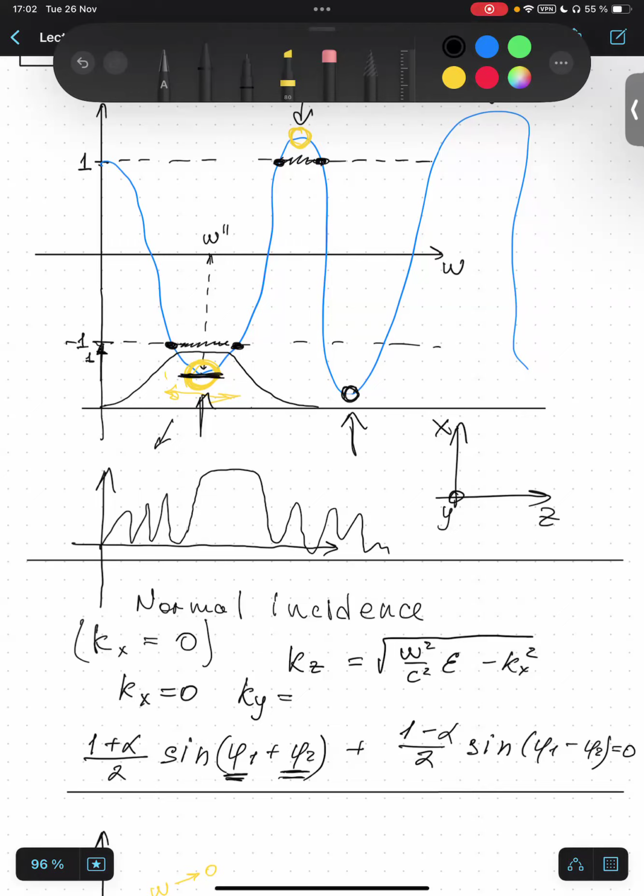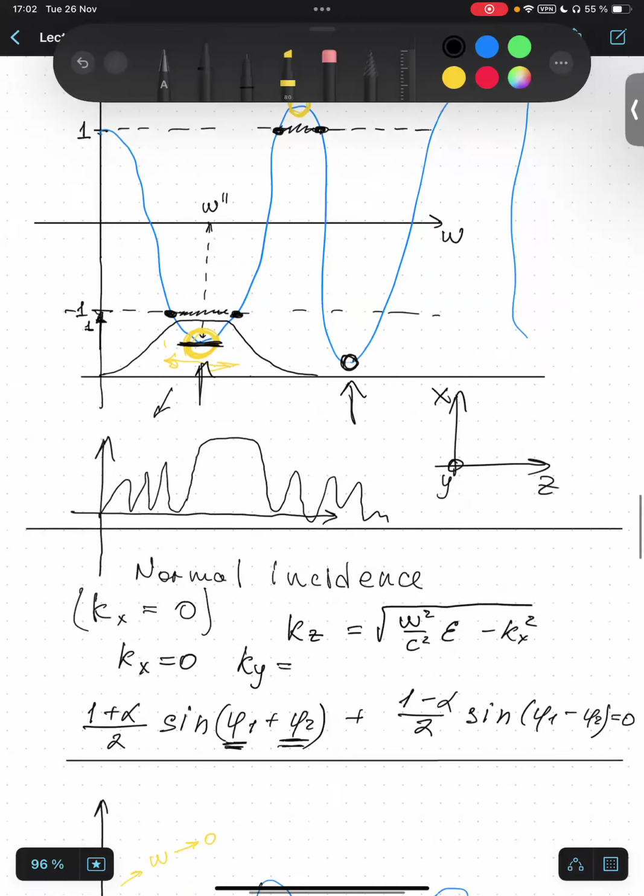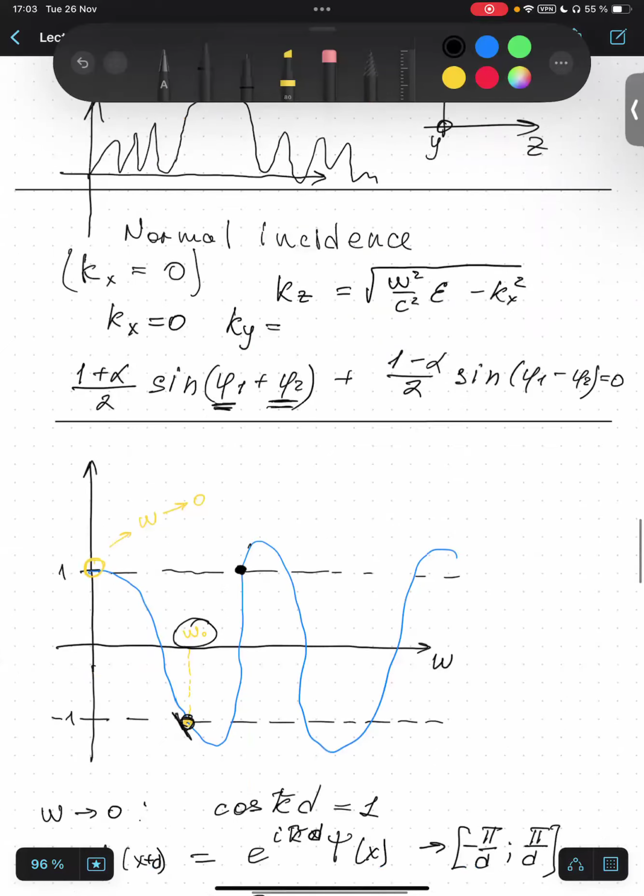It's not exact, but it qualitatively describes what happens. Yes, absolutely, you're right, it's not so easy, but just to take a quick look at something, it may work.